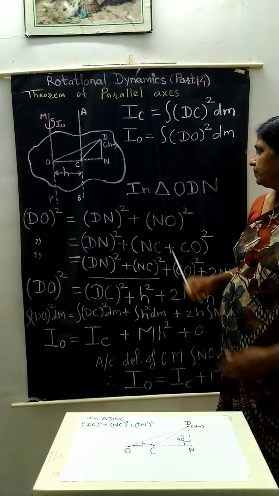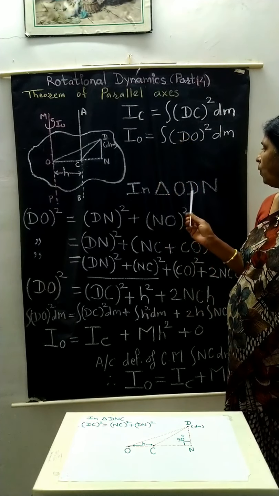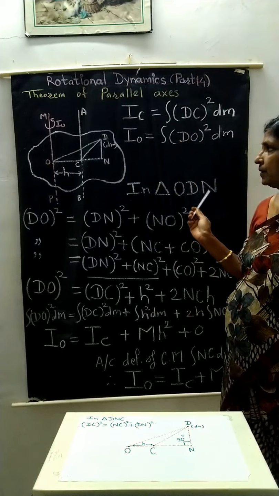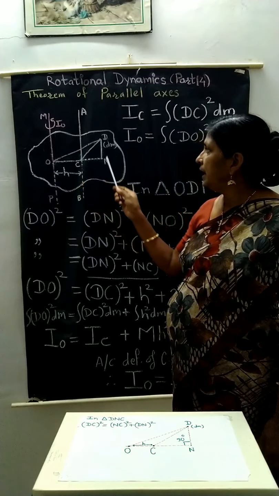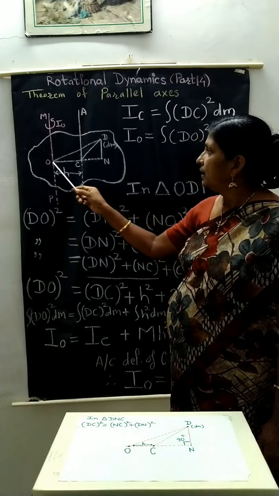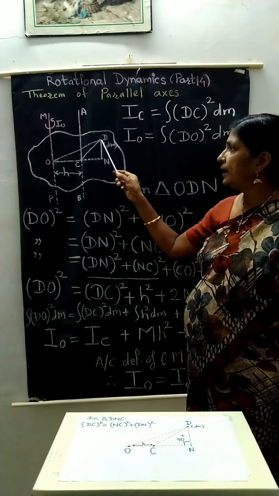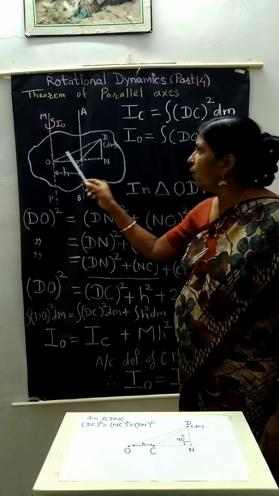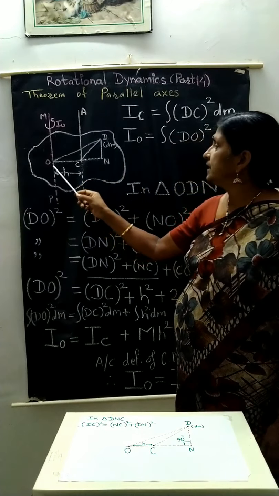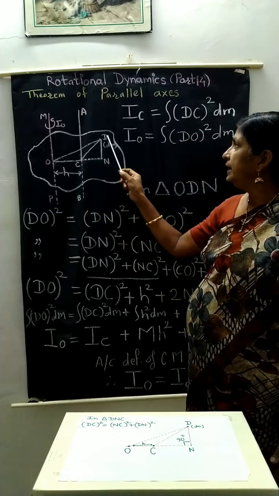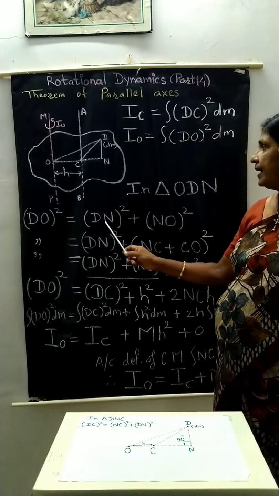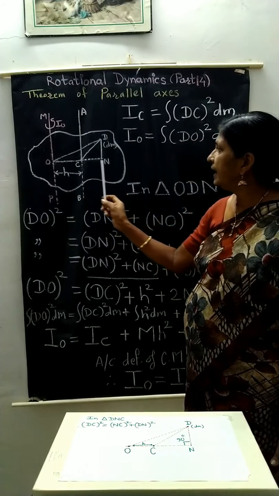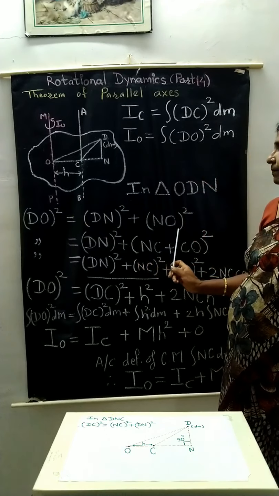In triangle ODN, the square of the hypotenuse, that is DO square, is equal to DN square plus NO square.